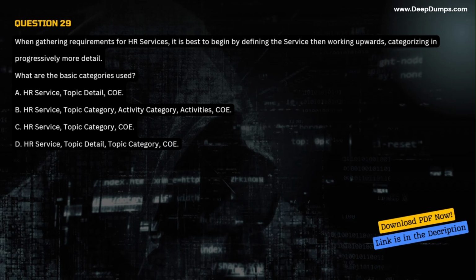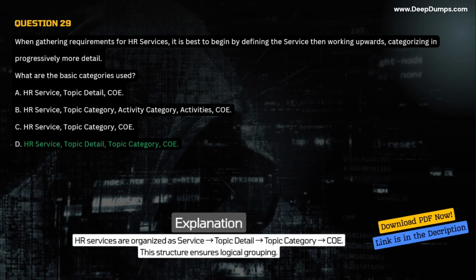C. HR service topic category COE. D. HR service topic detail topic category COE. Correct answer D. HR service topic detail topic category COE. Explanation. HR services are organized as service topic detail topic category COE. This structure ensures logical grouping.